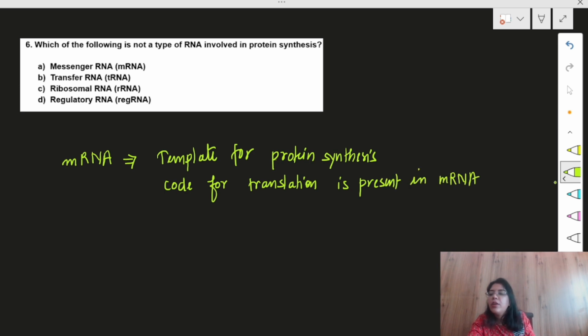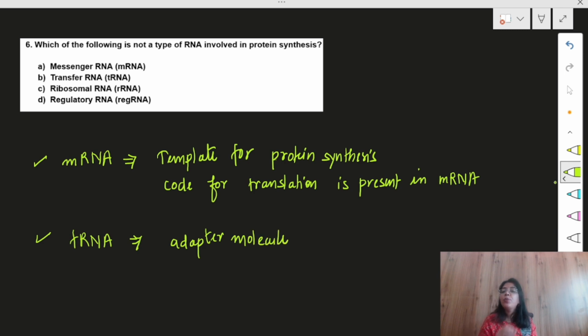Check tRNA. Do you require it? Yes, obviously. It is an adapter molecule. What is the meaning of adapter molecule? It is going to bring amino acids. Remember the simplest structure of tRNA.